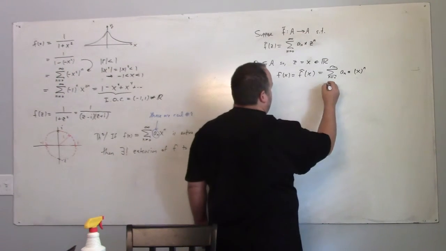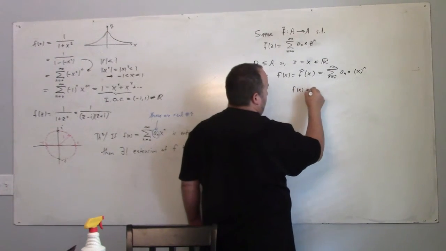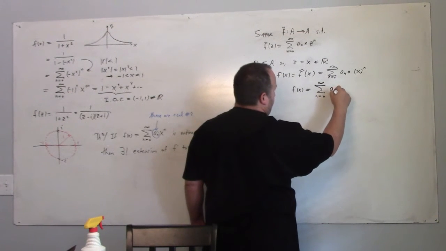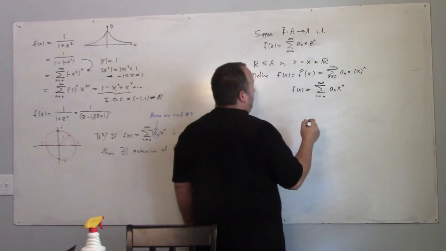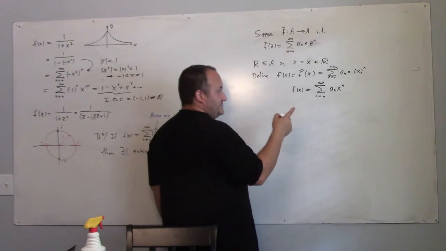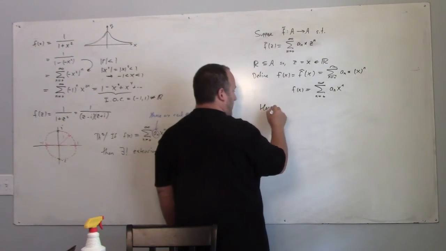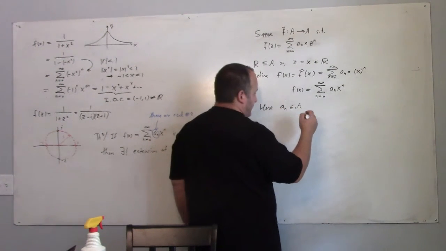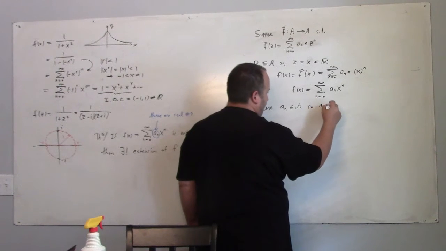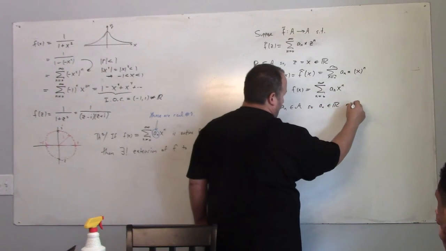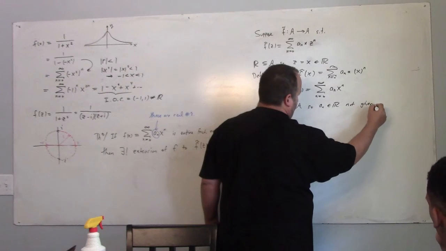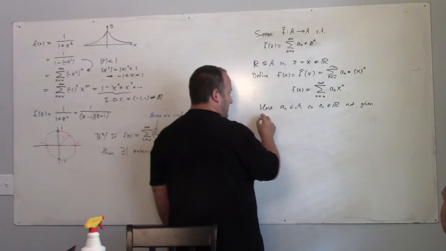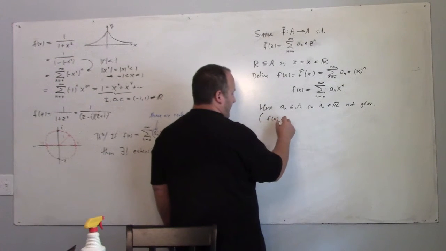So I can rewrite this as f of x equals the sum n equals 0 to infinity of a_n x to the n. But here the a_n are in the algebra. So the a_n are not given to be in R, right? Which is to say, more to the point, f of x being an element of R is not given.